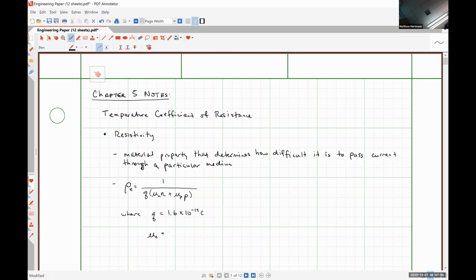Mu n is the electron mobility, measured in centimeters squared per volt second.